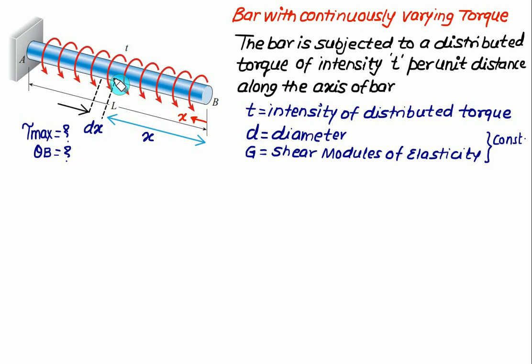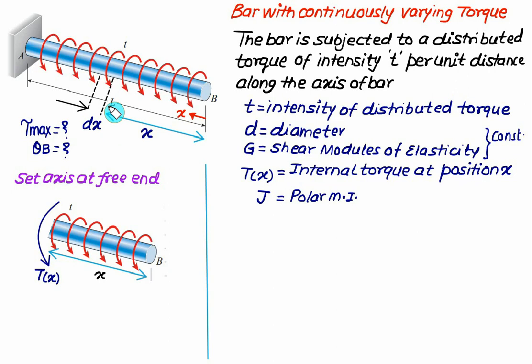At this section we'll consider Tx, which represents the internal torque at position x. So we'll cut the figure at distance x here, and we'll show the FBD. Then we can calculate the value of Tx by the method of integration.